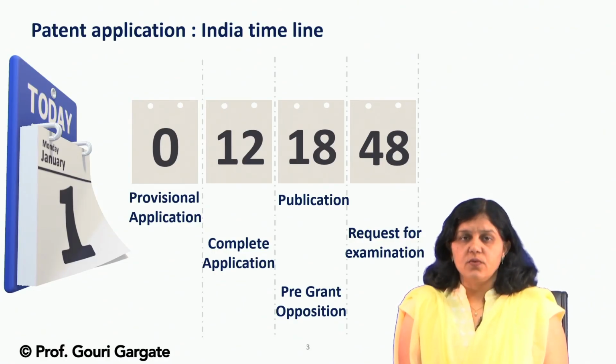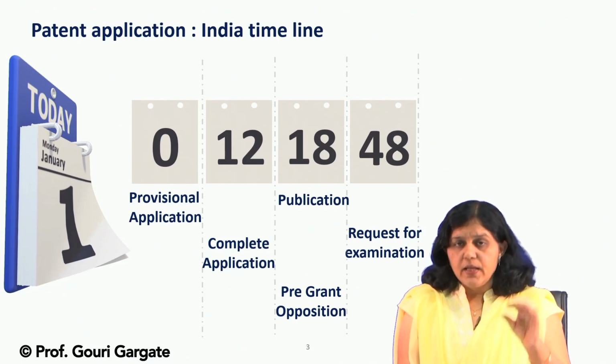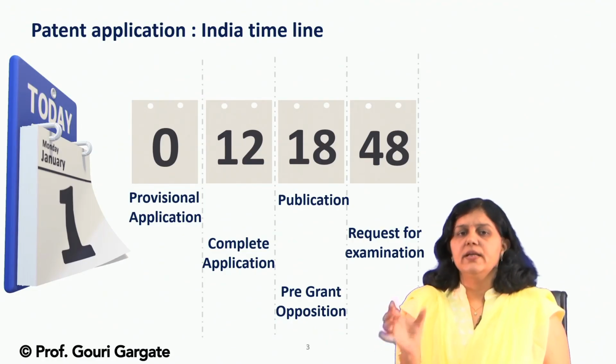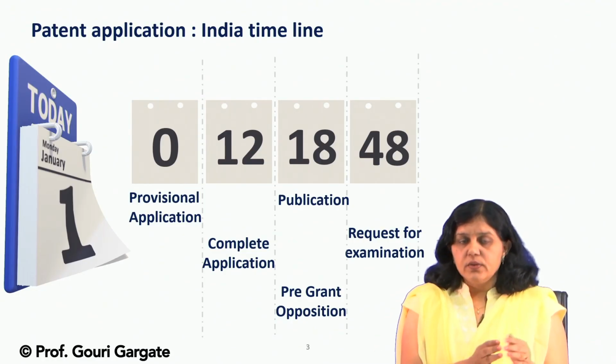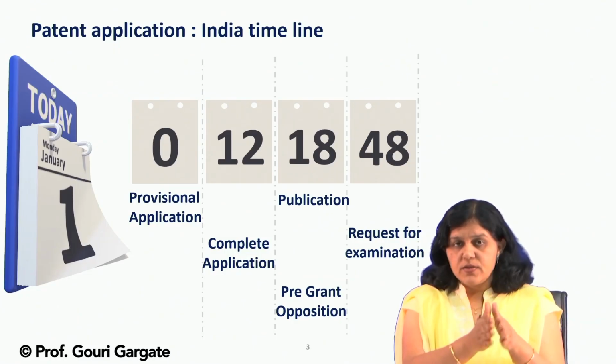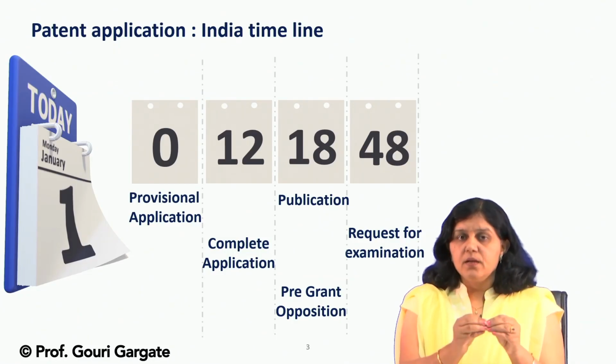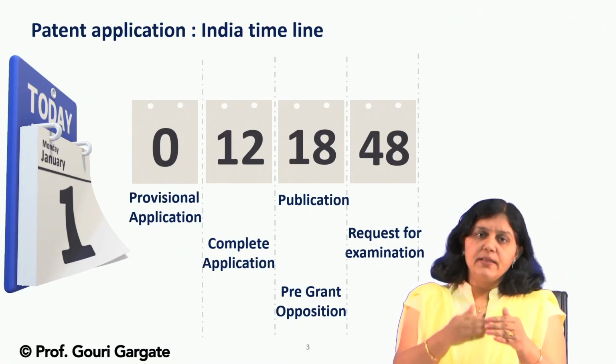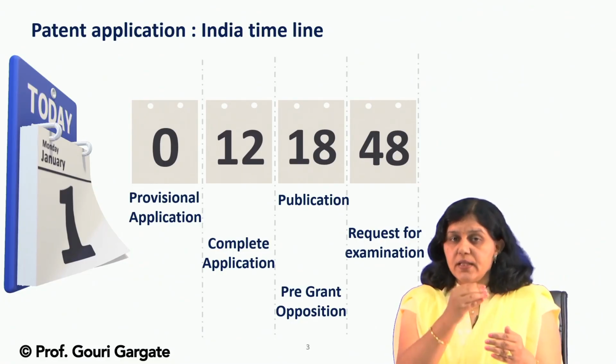Why is this so? Because the filing of the request for examination determines your number in the queue for the examination. We know that in the patent office there is a workload, a limited number of examiners are there, and your patent will be checked by the particular examiner who is an expert in that domain only.